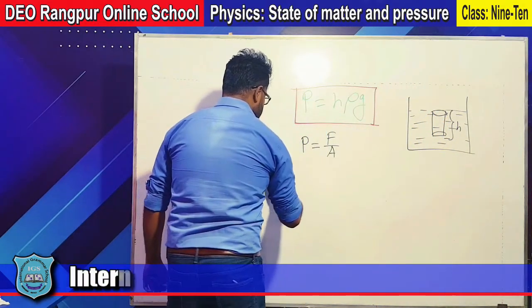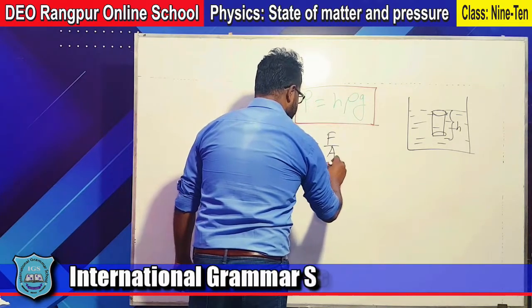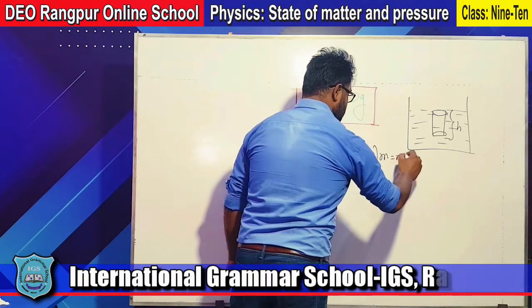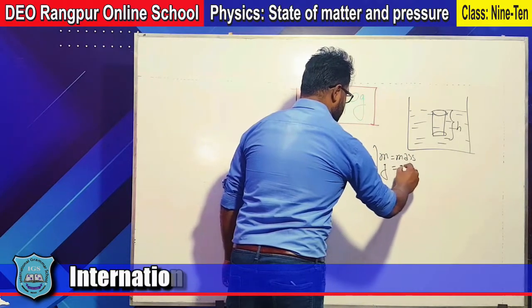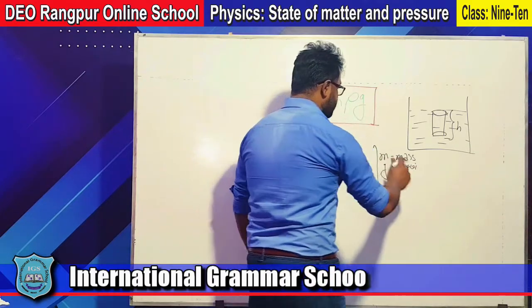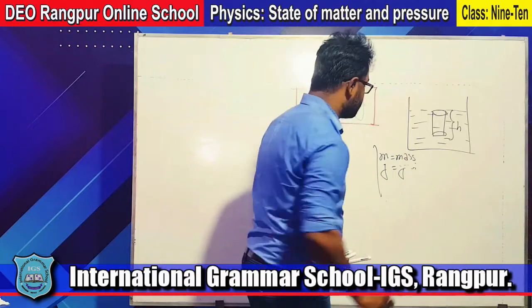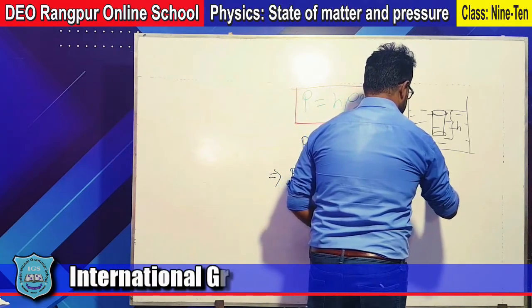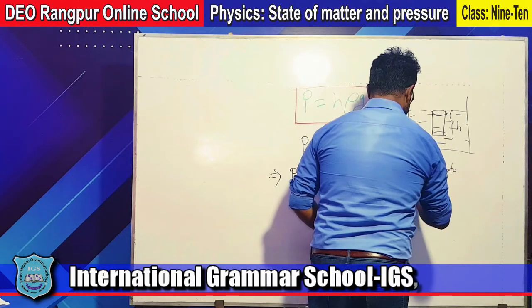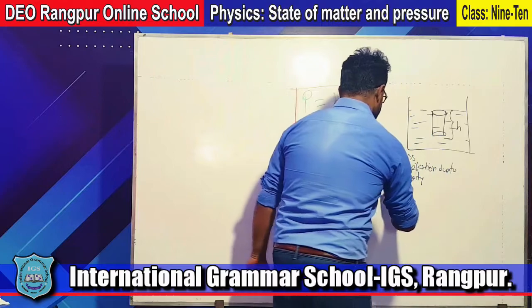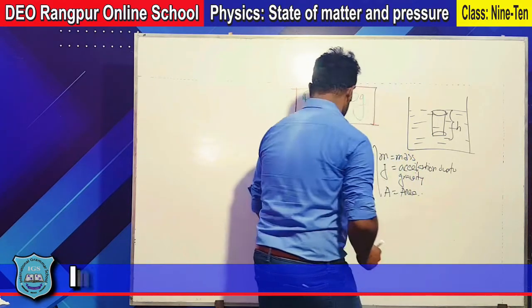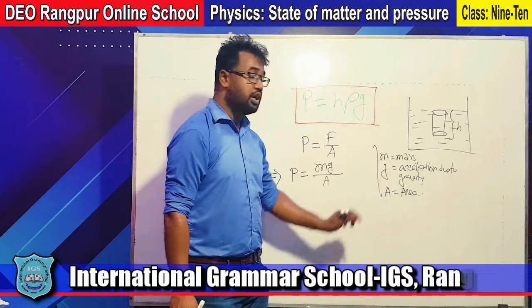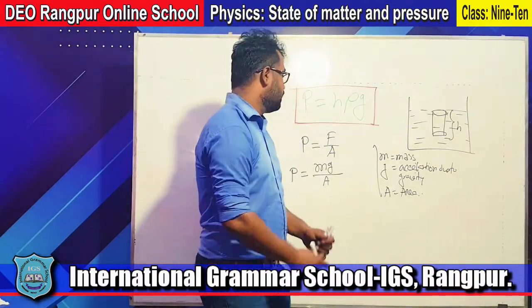So we can easily write P equals mg by A, where m equals mass, g equals acceleration due to gravity, and A equals area.